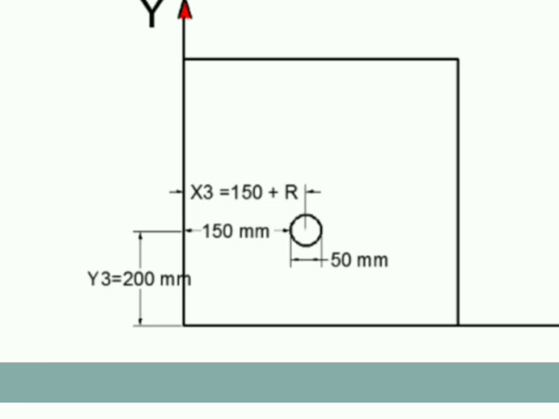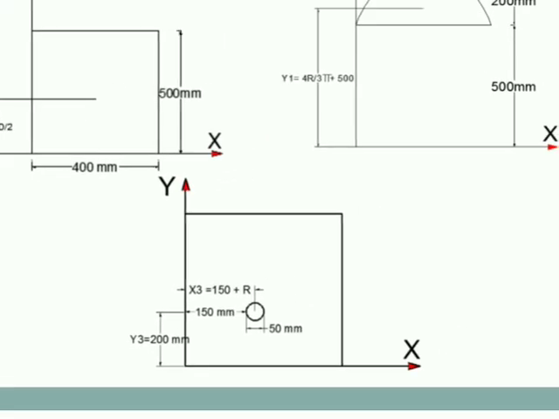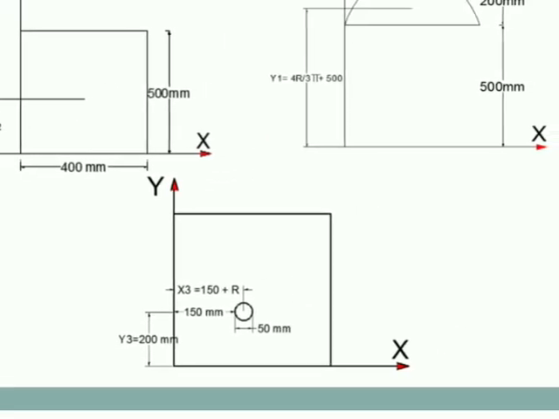So you need not do that, but some textbooks still give it, or you can use the given dimension itself to find the value of y3. Here be careful that x3 is not directly 400 by 2, but we get x3 as 150 plus r. So now I think I have summarized the values of x1, y1, x2, y2, x3, y3.